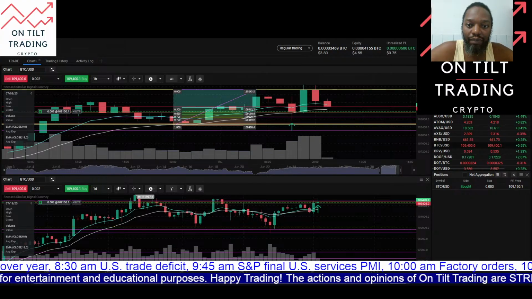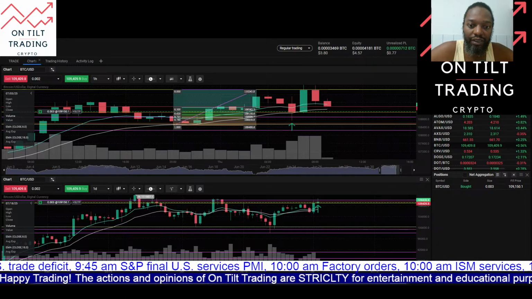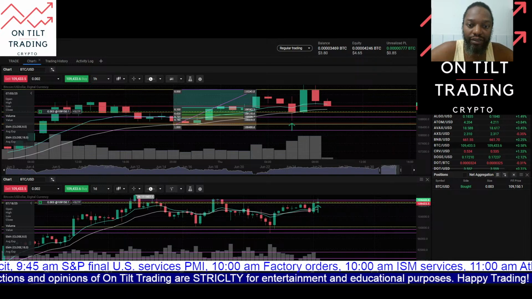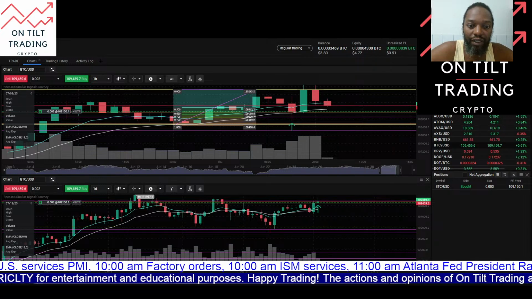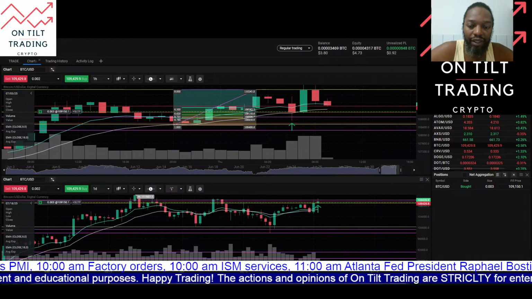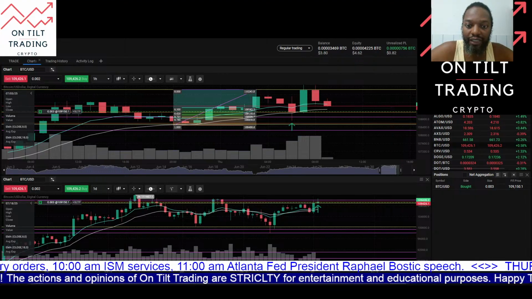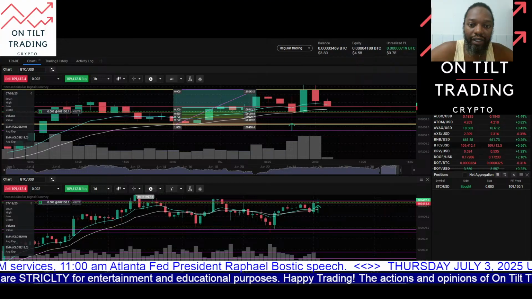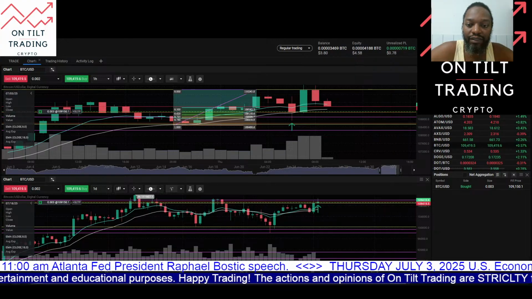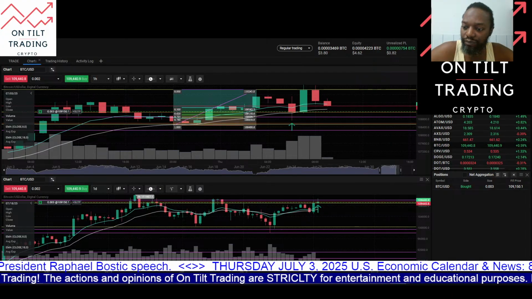Then we get a pullback in my trade window during this 6 a.m. candle. I take an entry at the 62% level. Price pulls back down past the 79% level. Then we get a reaction, and price trades up to test and breaks out of this range high, but closes below.